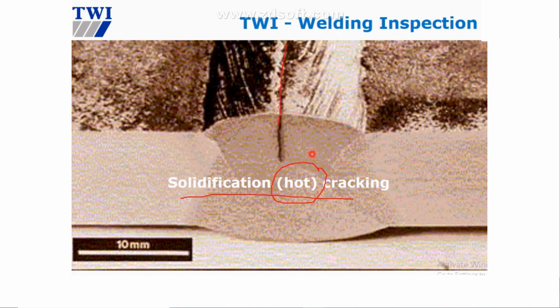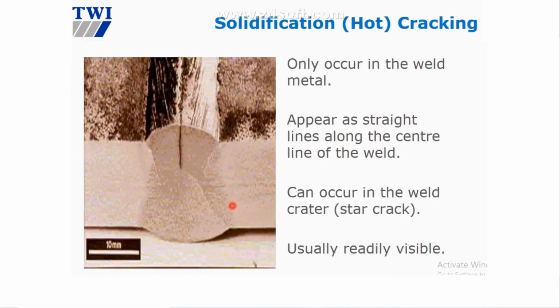So what does solidification mean? Solidification means from liquid to solid, that solidifies. Remember, it only occurs where? In weld metal, not like hydrogen crack. Hydrogen crack occurs in weld metal and also in the HAZ area.